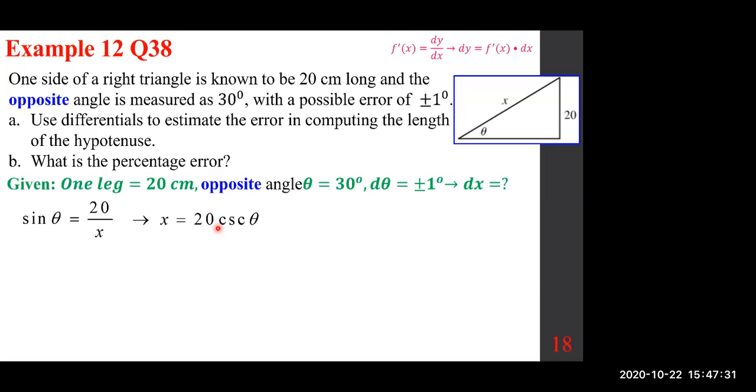the derivative of cosecant theta, which is negative cosecant theta cotangent theta. And so what is dx? Dx is the same thing times d theta.